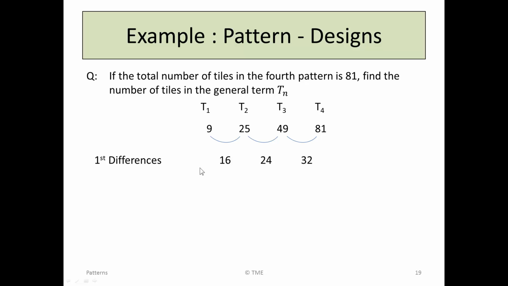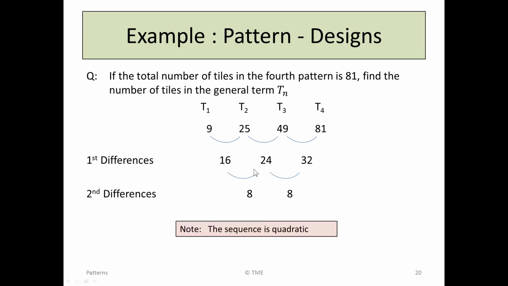We know they're not arithmetic, but we'll count them as the first set of differences. If we take the difference between our differences, the difference between 16 and 24 is 8, and 24 and 32 is 8. So on the second line, these differences are coming out the same.